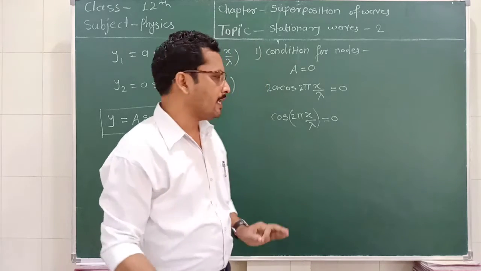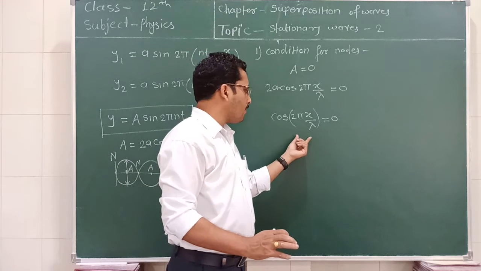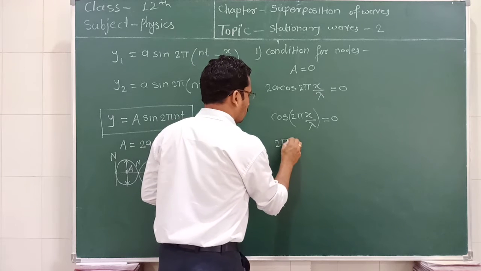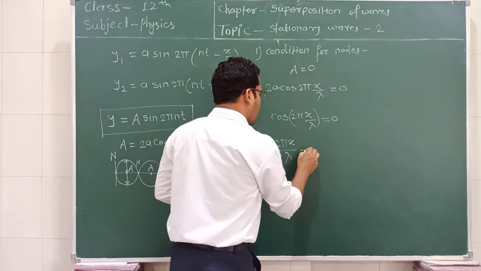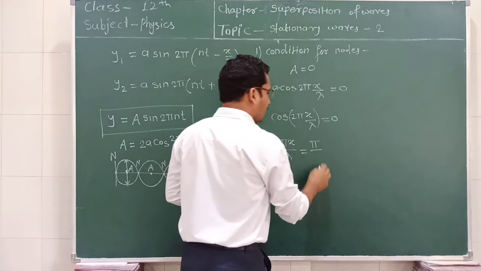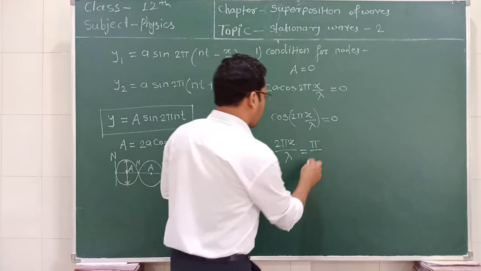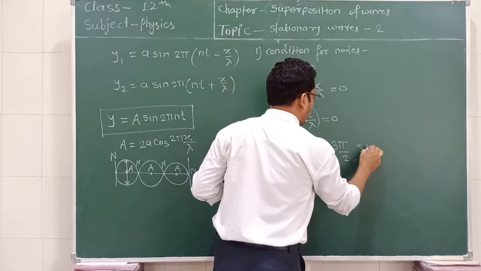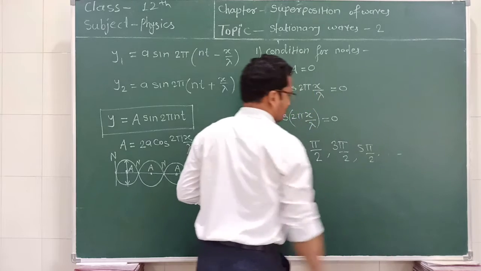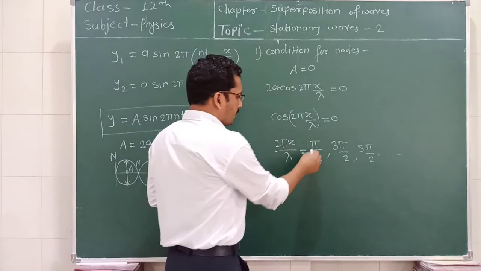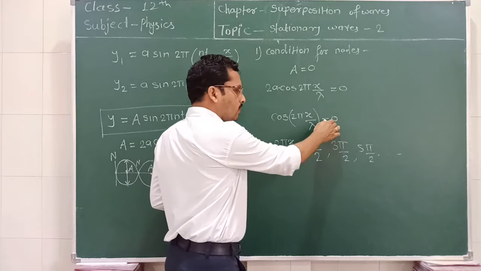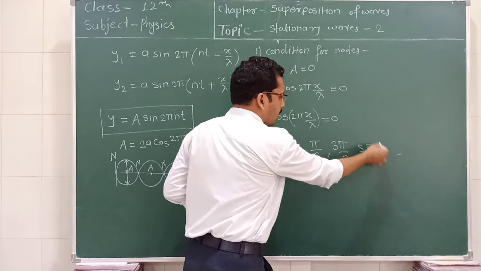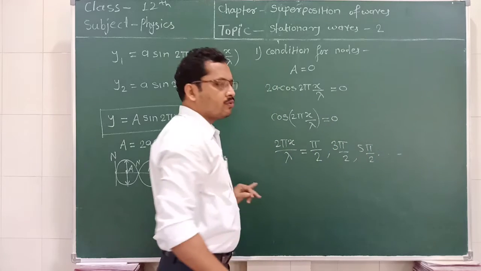So 2πx/λ must be equal to π/2, 3π/2, 5π/2, like this. If we keep π/2 here, it is equal to 0. If we keep 3π/2 here, it is also equal to 0. If we keep 5π/2 here, it is also equal to 0.